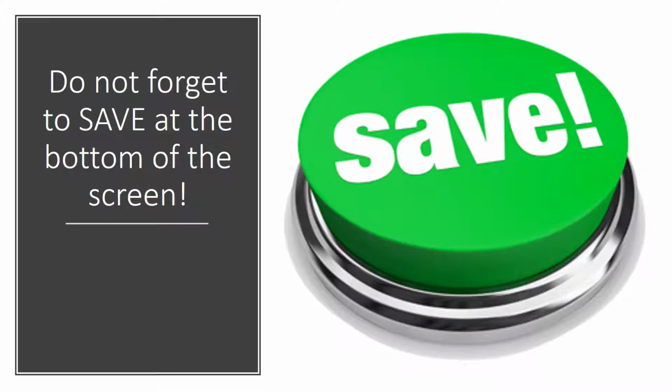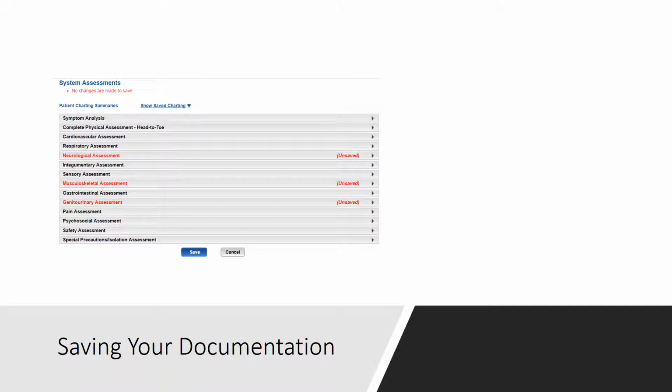Students can choose to either open and document under each body system and then save, or save between each body system. But don't forget to click the Save button at the bottom of the screen. A few notes about saving your work. The sections that are unsaved will be marked in red and marked unsaved in parentheses.